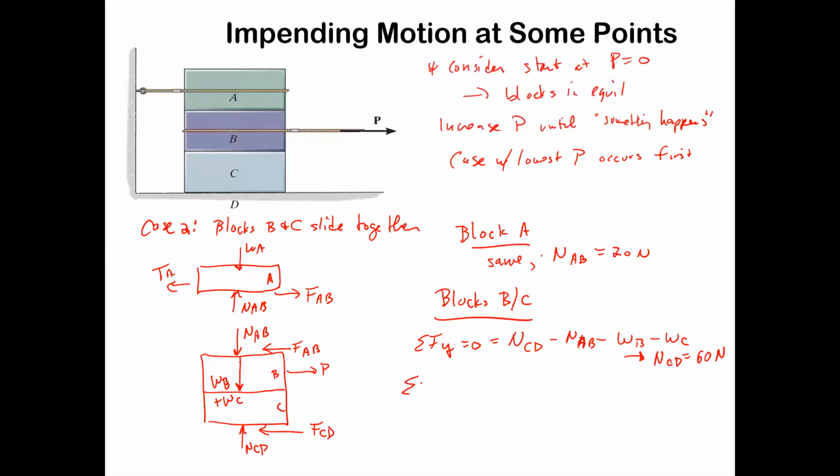And the sum of the Fx equals 0 is going to give us P minus FAB minus FCD.